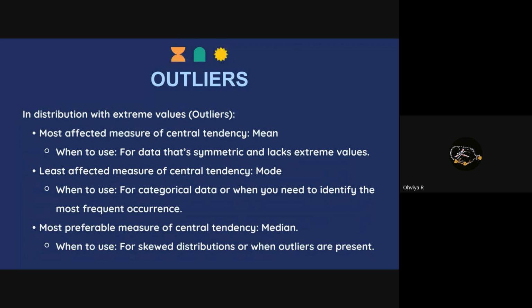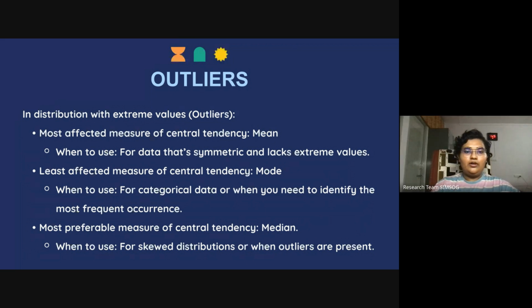So for example, once again, let us take the height of everybody here: 120, 120, 125, 130, and somebody who is very tall, like 170. If we don't have that 170, then we would get a normal mean, median and mode.